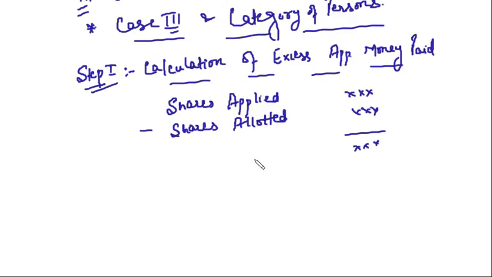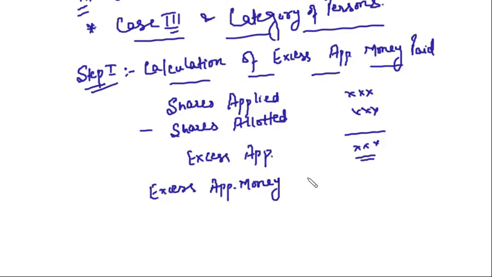Clear? So this comes as excess applications. And on these excess applications, you have paid excess application money. If I say this as A, this is A multiplied by application call.